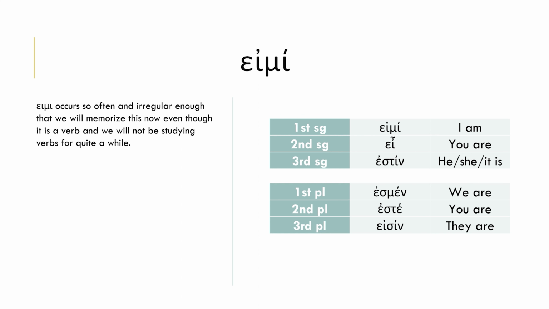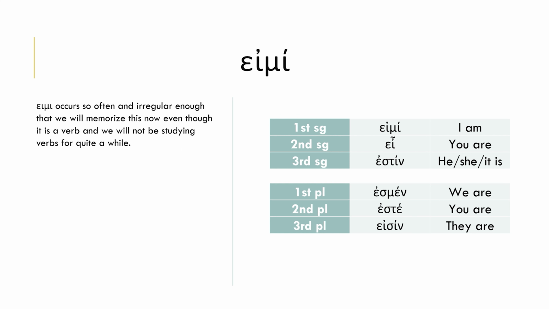And if you're talking about a third person, you're saying he, she, it is. So I is first, you is second person, and he, she, it is third person. And then you have the plurals. First person plural includes me, so it's "we are." Second person plural is "you," plural, and third person plural is "they."